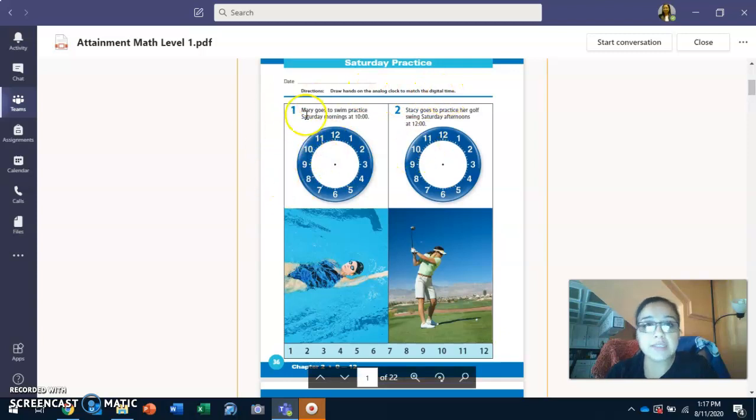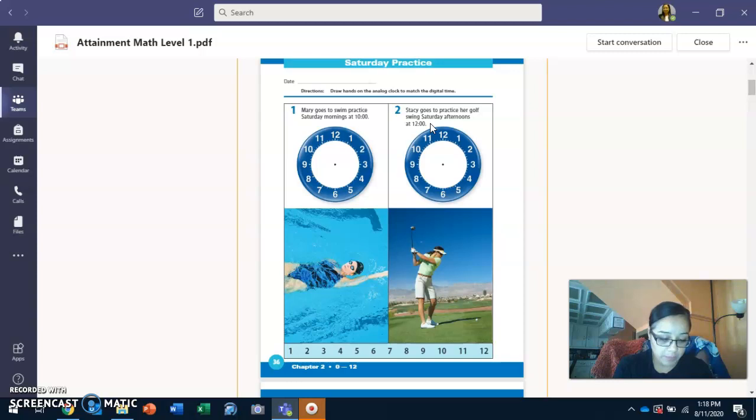So for number 1, it says, Mary goes to swim practice Saturday mornings at 10 o'clock. Remember, let me show you an example. So we have a clock. Can you tell me what the big hand stands for? Good job.